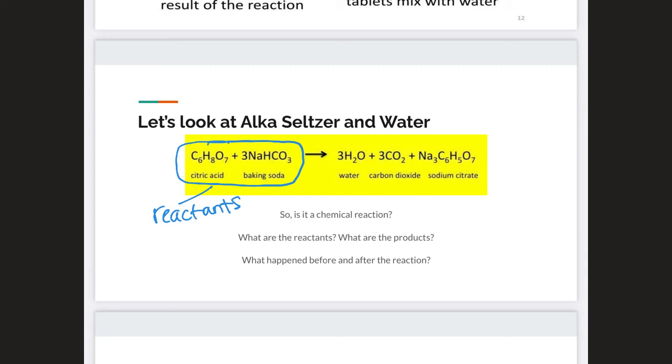Citric acid, which again is Alka-Seltzer, and water. And then what's coming out, these are the products. So remember, what comes after the arrow is always the products. It's what you end up with. So before, you had something completely different than what came out afterward.